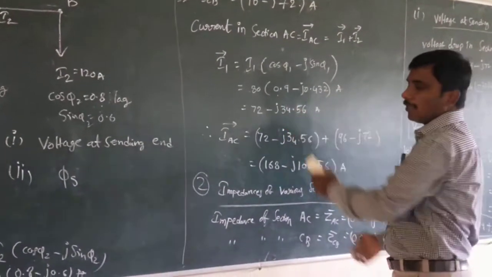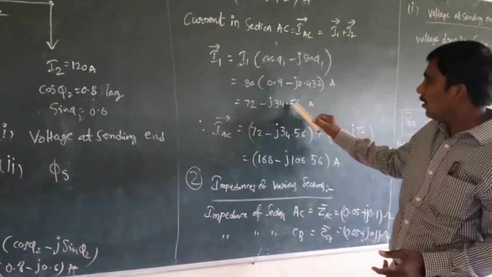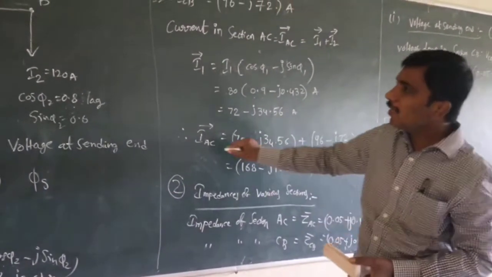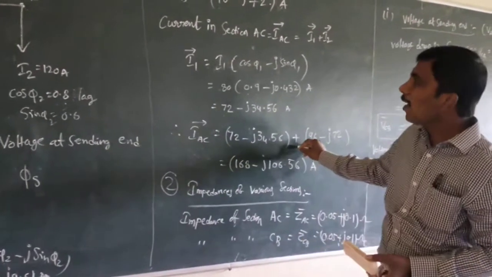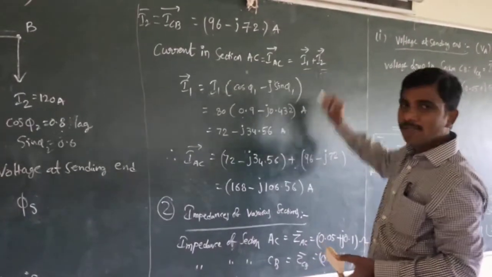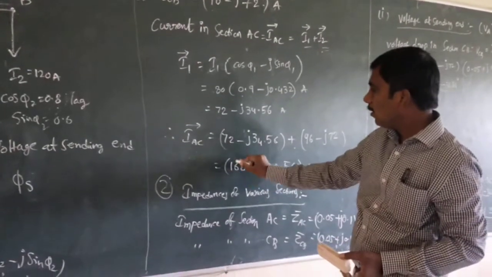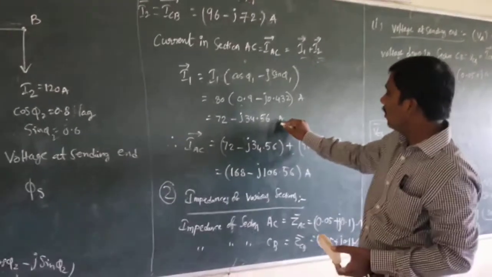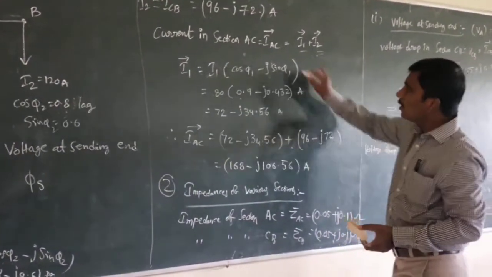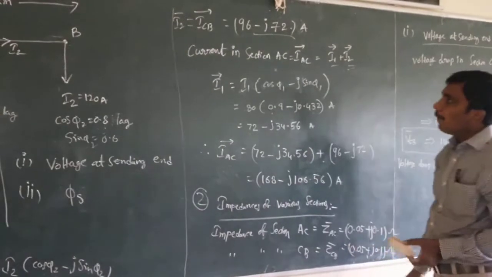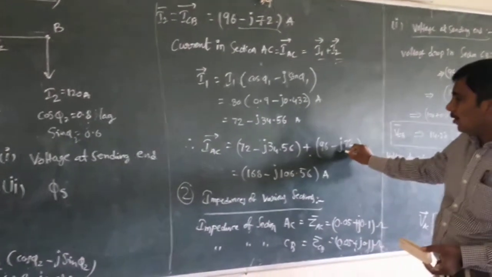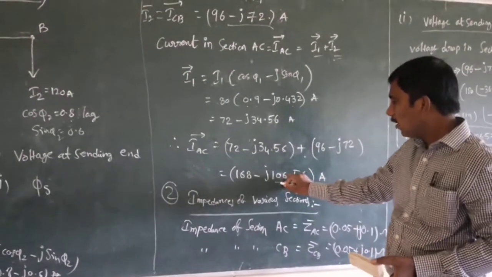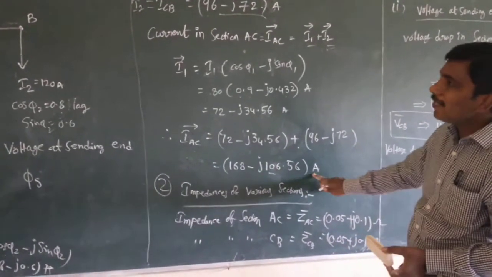If you multiply, you will get 72 minus j 34.56 amperes. Now we add I1 plus I2, that is 72 minus j 34.56 plus 96 minus j 72, equal to 168 minus j 106.56 amperes. This is the current in section AC.